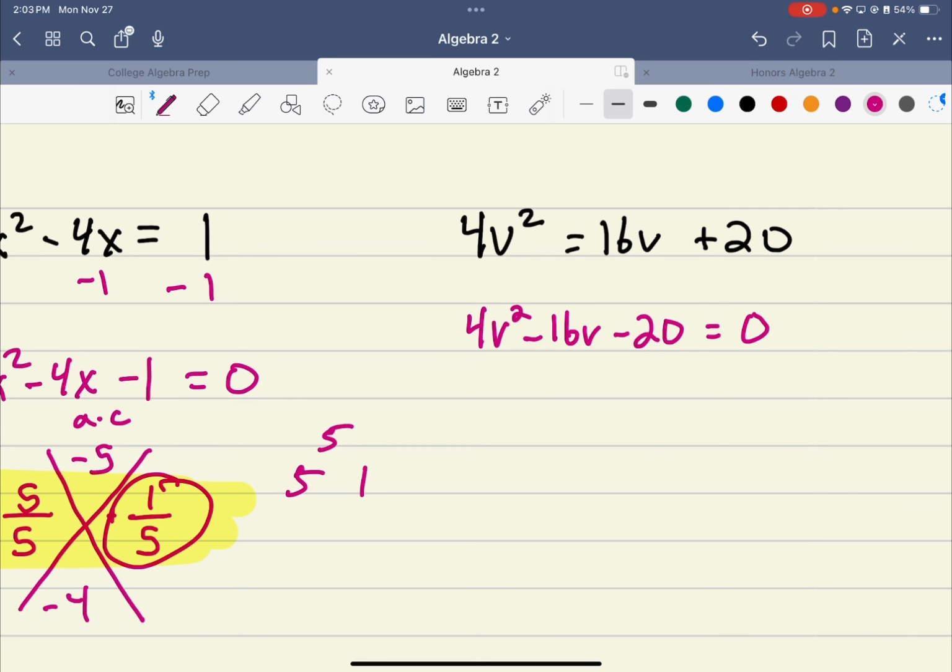All right, look up to make sure you got the first part right. And remember the first rule of factoring. GCF.